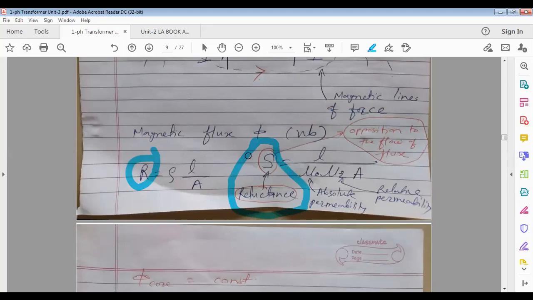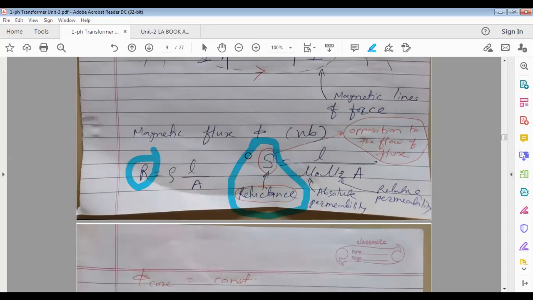Means these two are not equal, their meaning is somewhat similar. That is what I mean to say. So reluctance is the same as resistance: it is the opposition offered by magnetic material to the flow of flux.